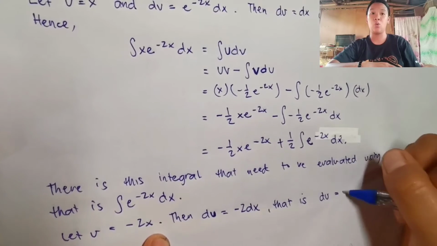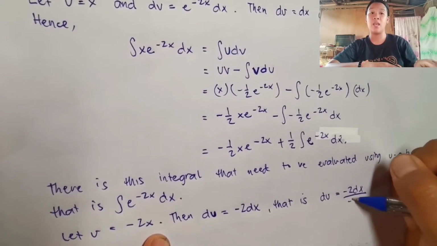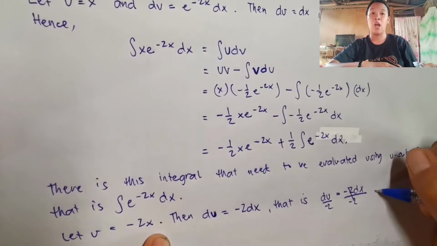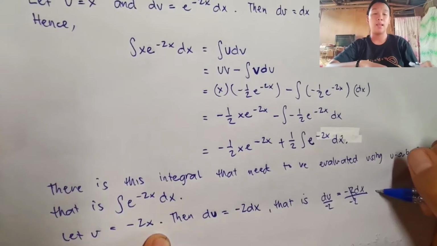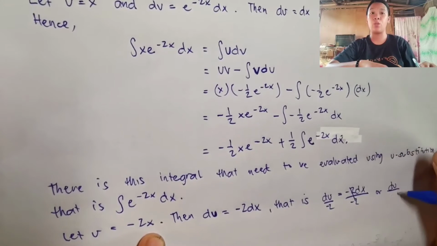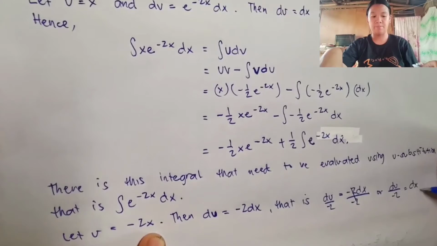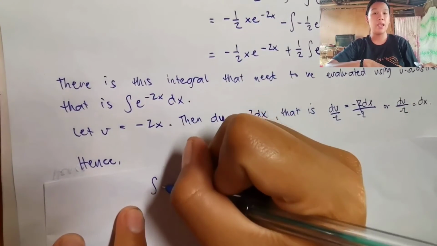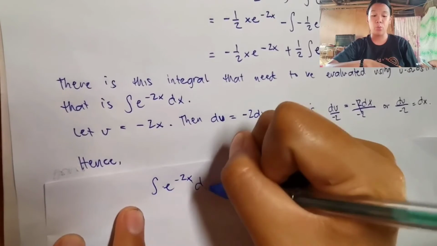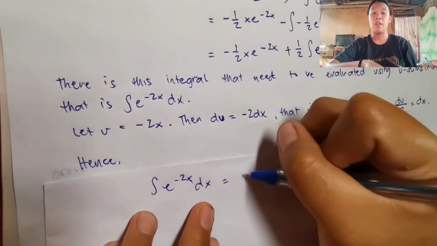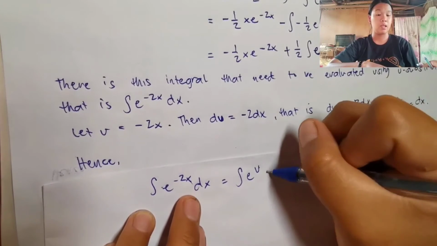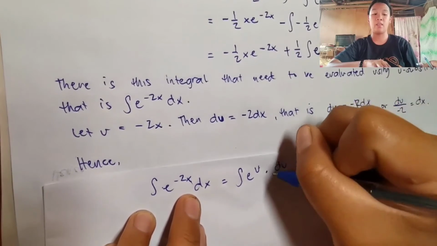To leave dx on the other side, we divide by negative 2, so du over negative 2 is equal to dx. Hence the integral of e raised to the power of negative 2x dx is equal to the integral of e raised to the power of u times du over negative 2.